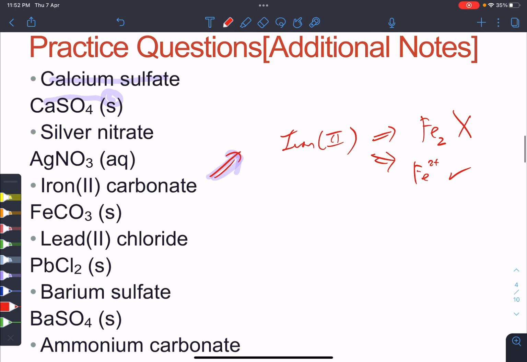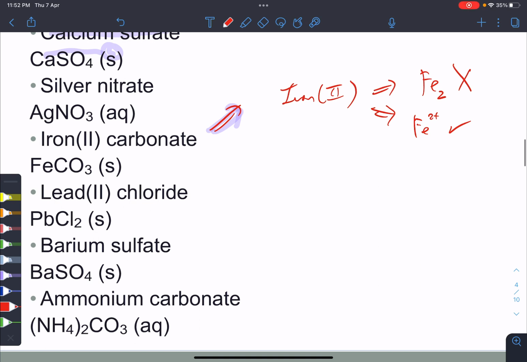Cool. Ammonium carbonate, and you can pause again. You can unpause it already. So these are some examples of how you use your table to help you figure out whether it's soluble or not.